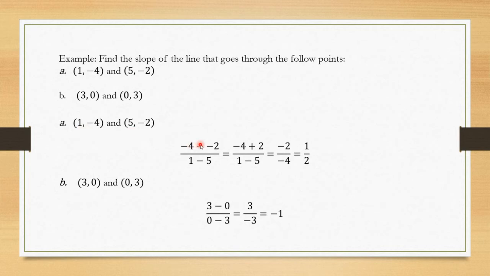Notice that the coordinates for the same point are on top of each other: for 1, -4, and for the other point, 5, -2, same idea. If you do this calculation, we have -4 plus 2 over 1 minus 5, so that's -2 over -4, which is a half.